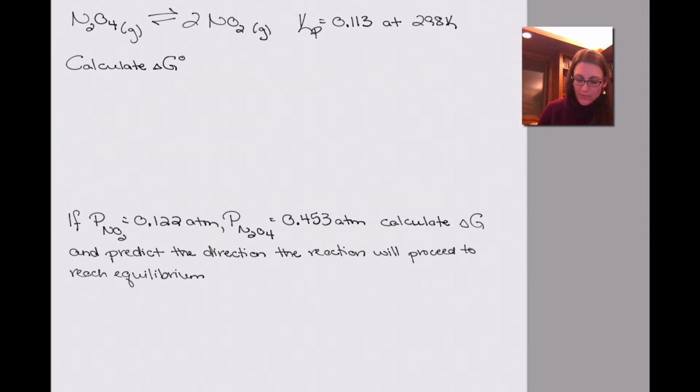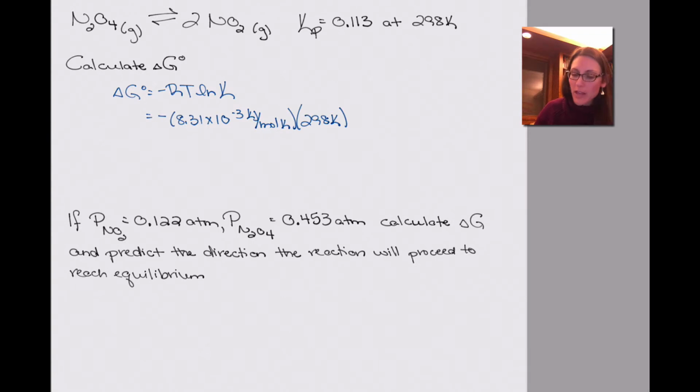We know that delta G naught is equal to minus RT ln of K. So minus R, 8.31 times 10 to the negative third kilojoules per mole Kelvin. And then we're at 298 Kelvin, so 25 degrees Celsius.